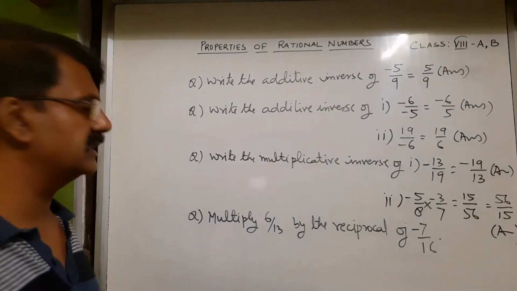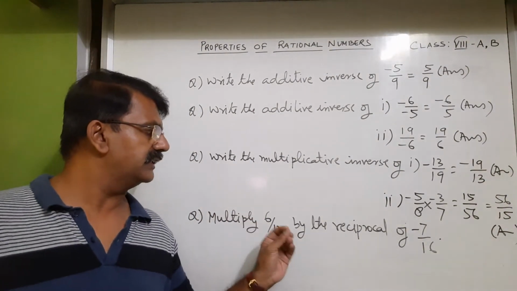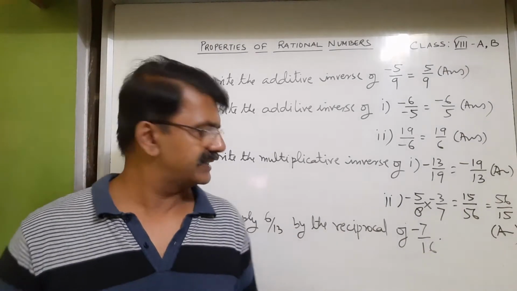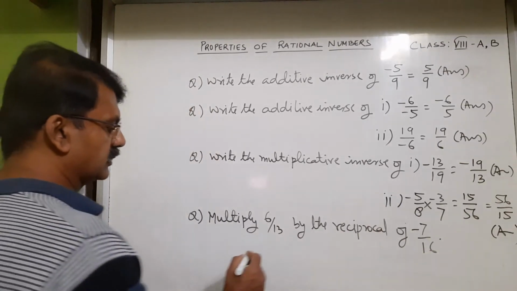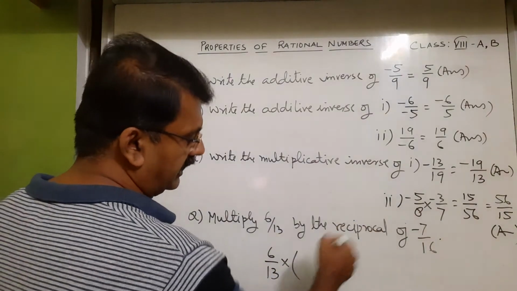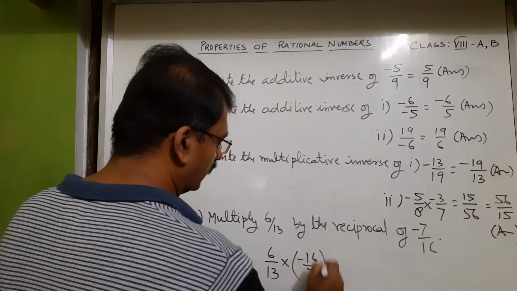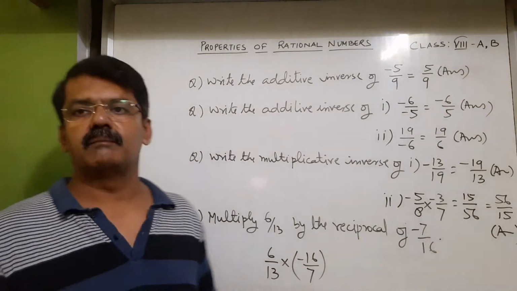The question says multiply 6 by 13 by the reciprocal of minus 7 upon 16. So 6 by 13 multiplied by the reciprocal of minus 7 by 16 will be minus 16 by 7. This will be the reciprocal, minus 16 by 7.